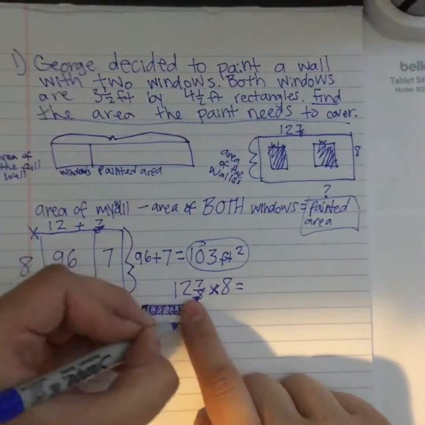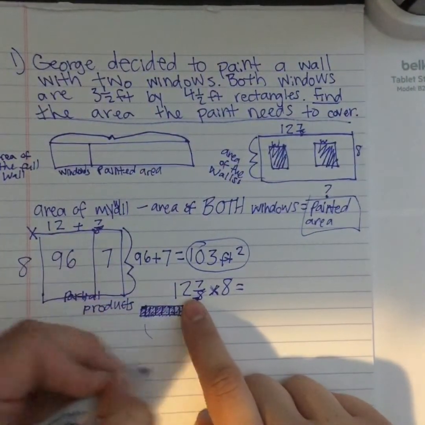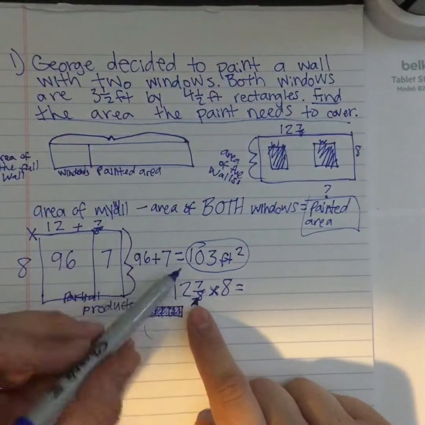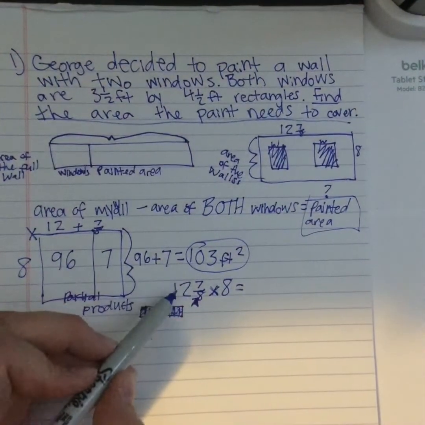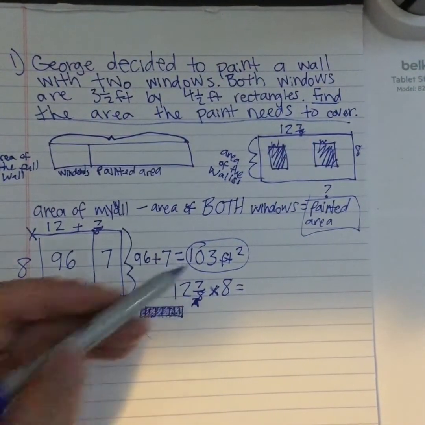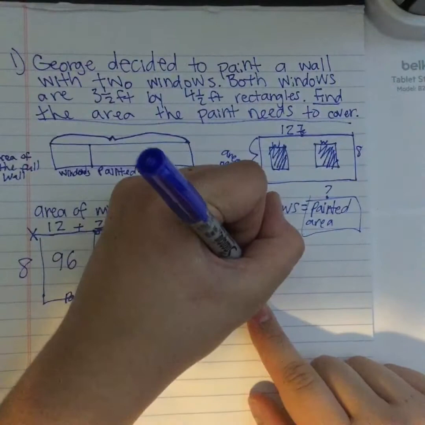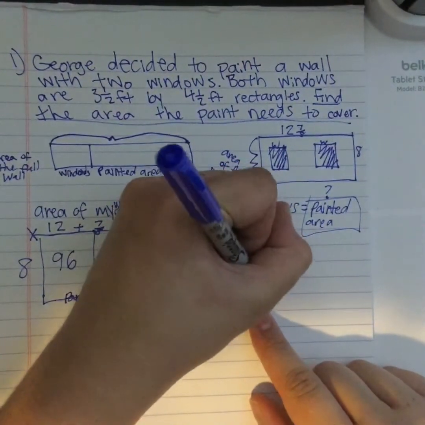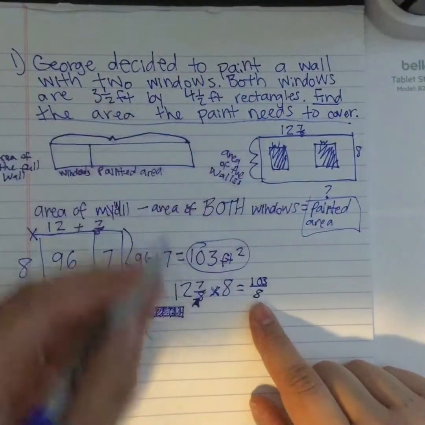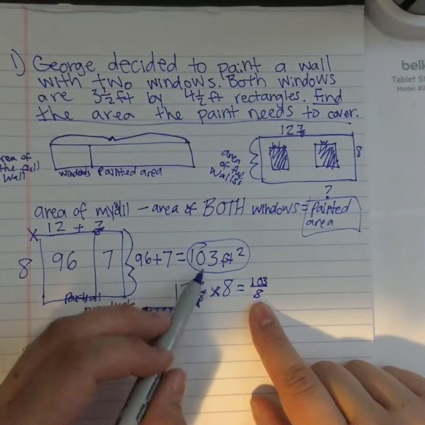So if I have 12 single ones, then I would have 12 groups of that 8 plus that 7, which ends up equaling 103 over 8.